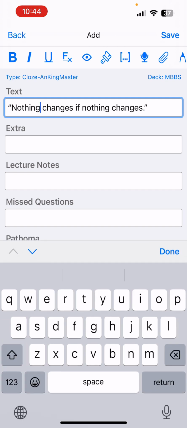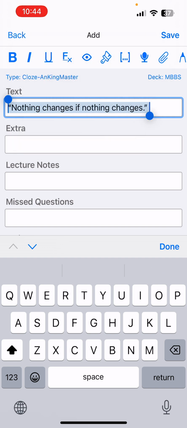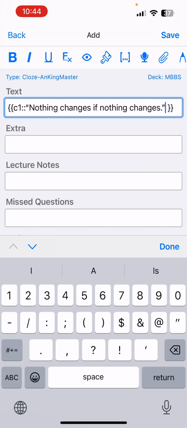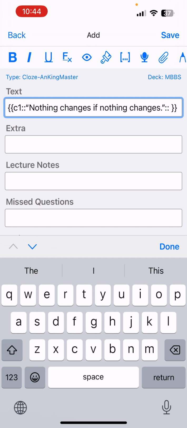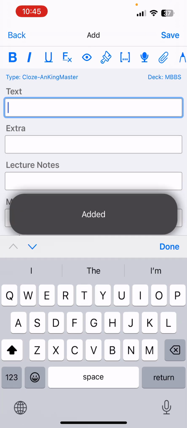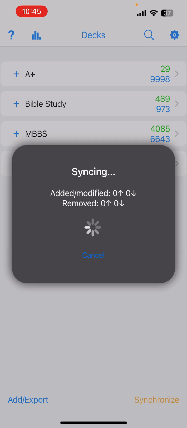I believe this is like the Gen Z version of the quote that says a fool does the same thing expecting a different result. Or it's foolishness to do the same thing expecting a different result. Nothing changes if nothing changes. Simple. Let me just save it.